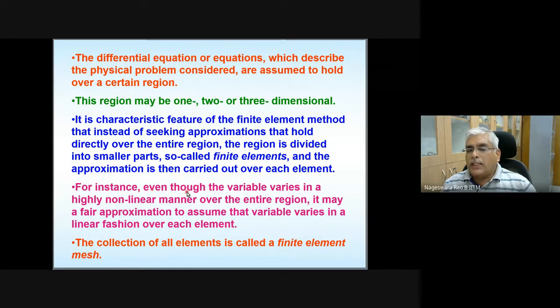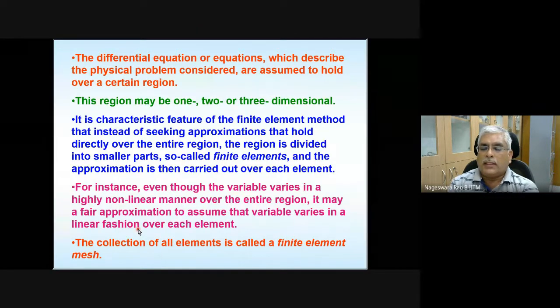For instance, even though a variable varies in a highly nonlinear manner over the entire region, it may be a fair approximation to assume that the variable varies in a linear fashion over each element. Anyway, as we progress, it will be clear, or if some clarification is required at this stage, you can raise that. Any questions?